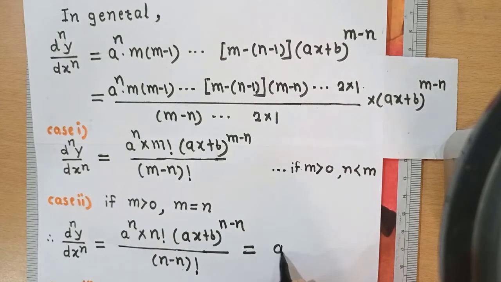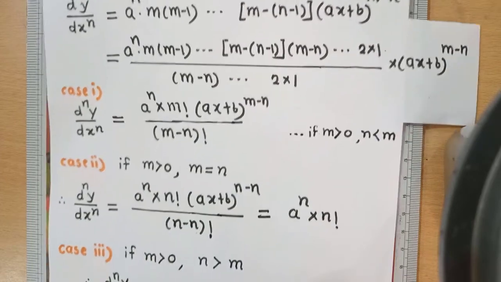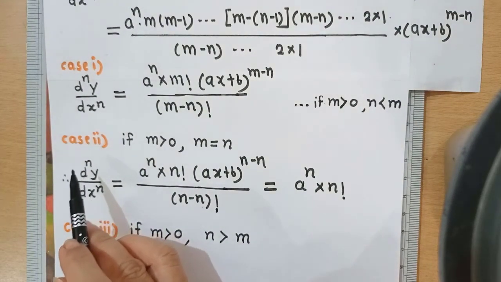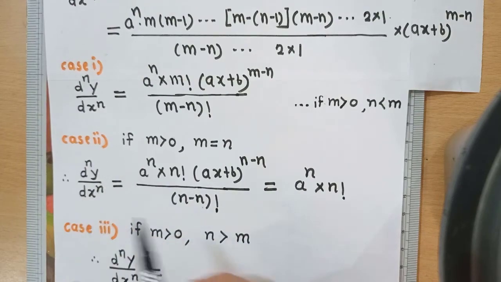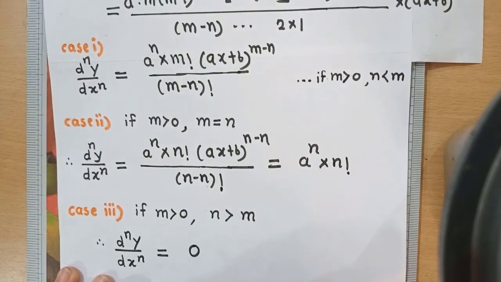So the final answer is a raised to n into n factorial. Very easy. And in the third case, if the order is greater than the power of the function, then close your eyes and write down the answer 0.